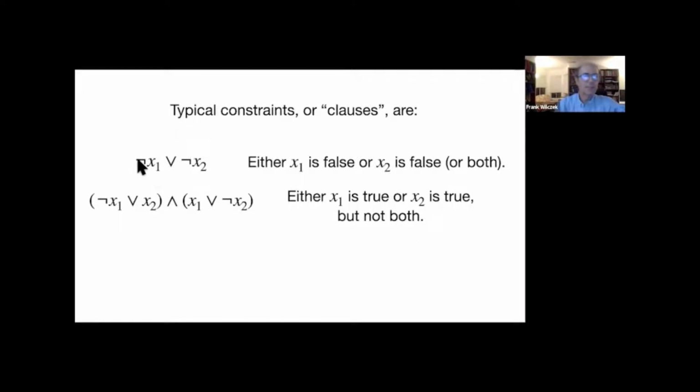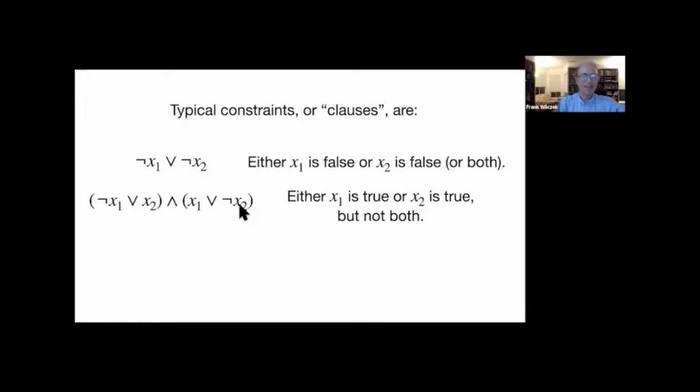So this symbol means not, this symbol means or. So we have not x1 or not x2 means either x1 is false or x2 is false. And this one is not x1 or x2. So this one says that either x1 is false or x2 is true. But then you also want to have and x1 is true or x2 is false, and so forth.